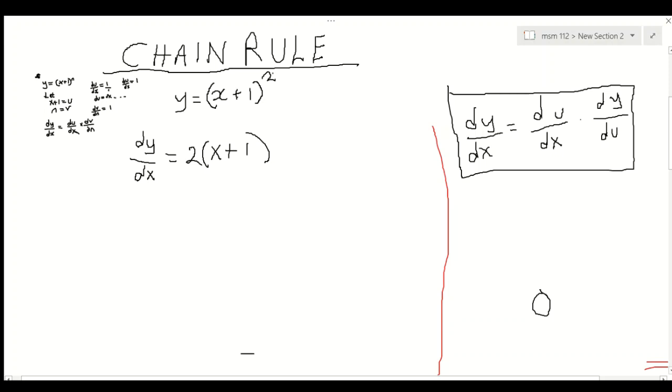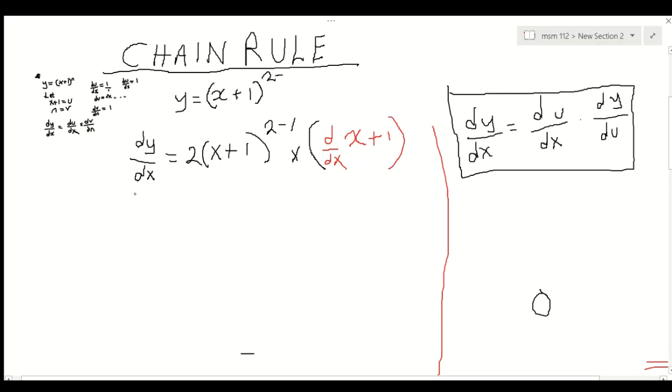So this power, you subtract it by 1. Then you multiply it with the derivative of what's inside, which is d dx of x plus 1.